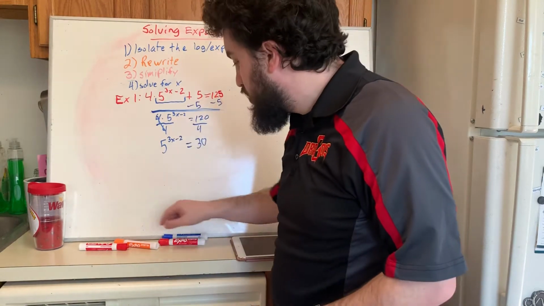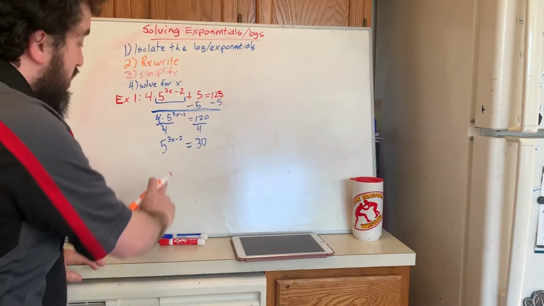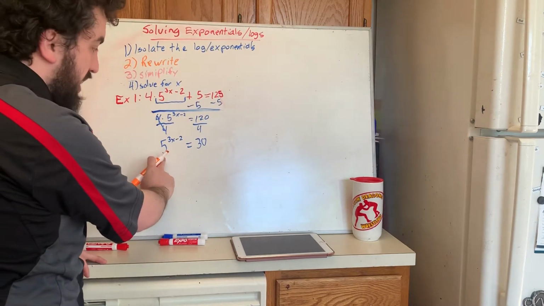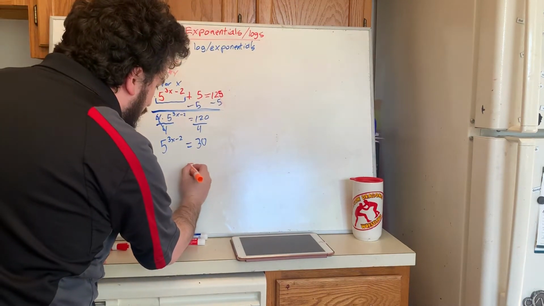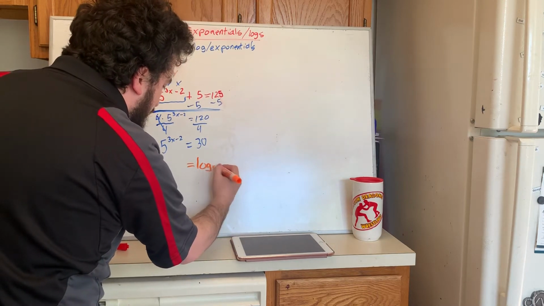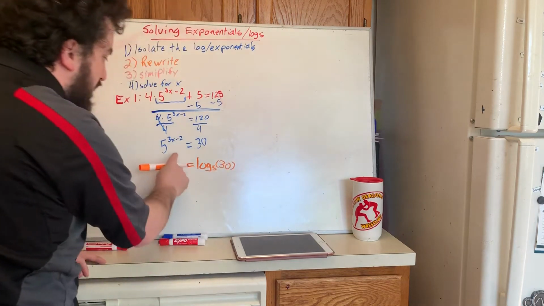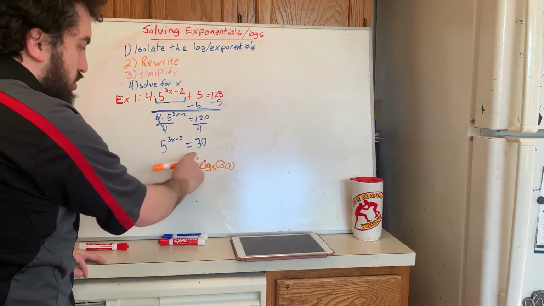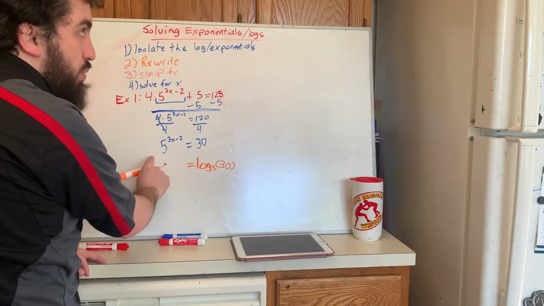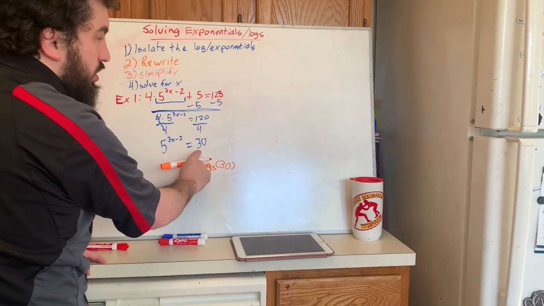So that's what we're about to do. We're going to rewrite this as a logarithm. Since this has a base of 5, the log must also have a base of 5. So log base 5 of 30. Sorry.